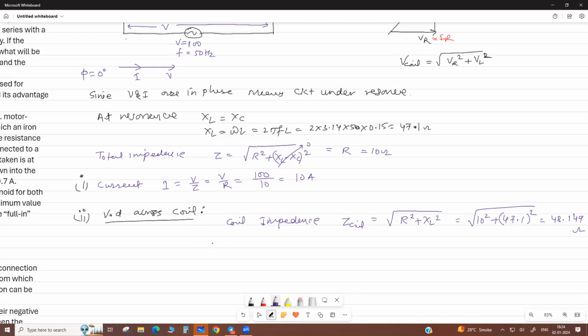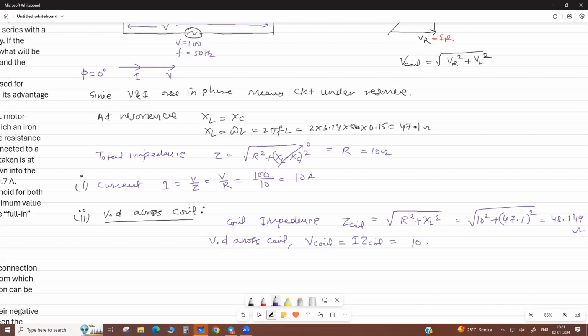Now the voltage across the coil, that is V coil, equals I times Z of coil. IZ is the voltage drop.